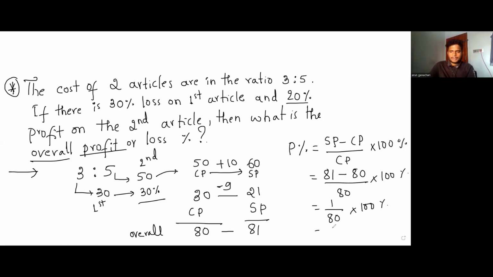What is 1 by 80? 1.25%. Because 1 by 8 is 0.125, but the question is 1 by 80. So the answer will be 1.25 percentage. Getting this? Yes.